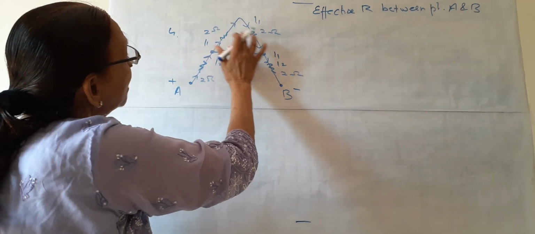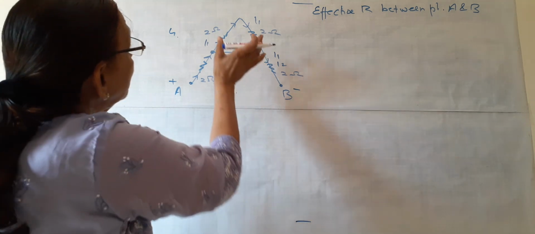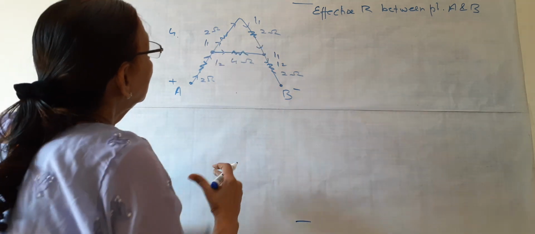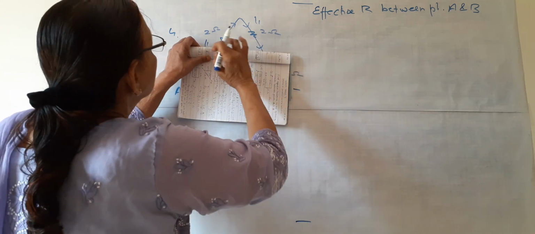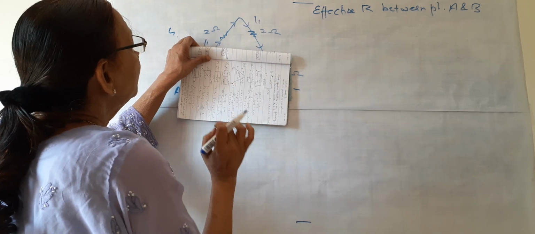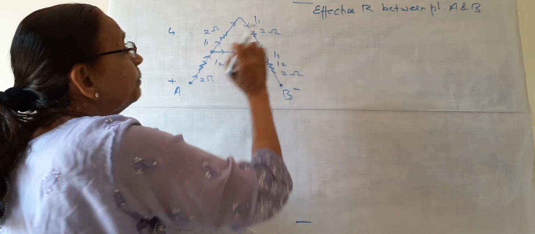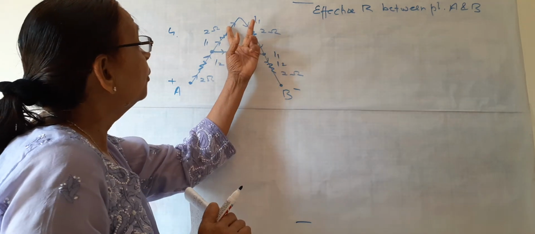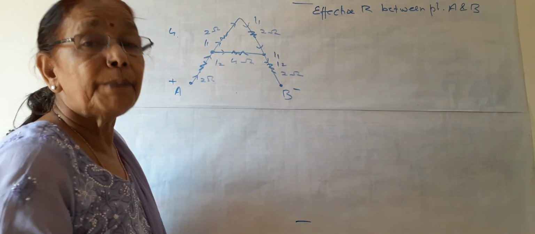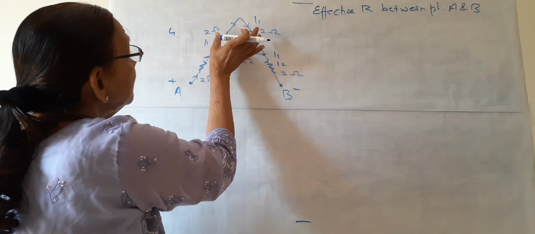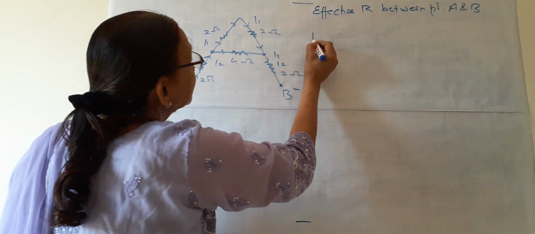The farthest are these two. Looking only at these, we can see some current is moving from here up to here. There are no two roads, just bending of the road. So we can see these two are in series.